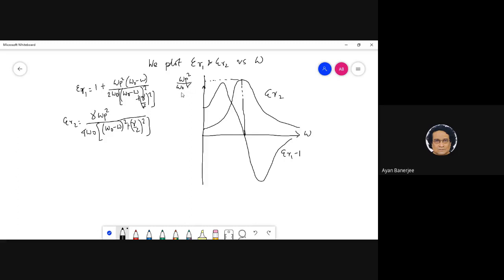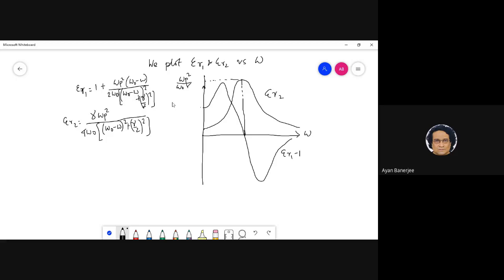Is that correct? Omega 0 gamma, I guess. And for this term where omega is 0, I put 0 here, so that gives omega p square into omega 0, and this one is omega 0 square.